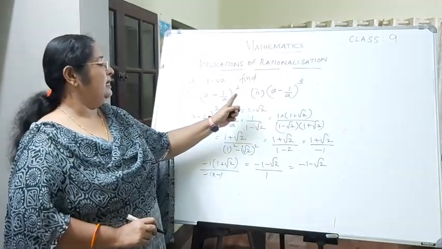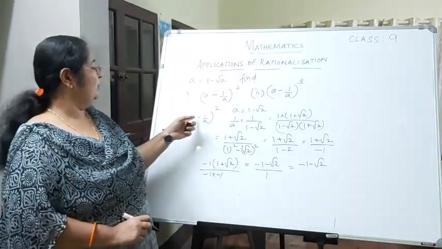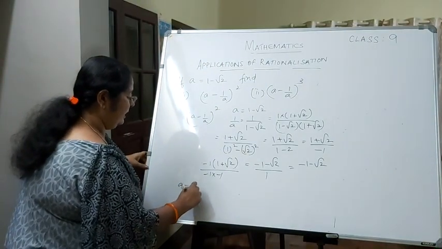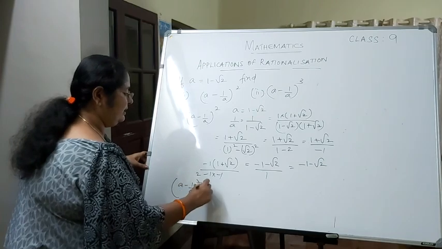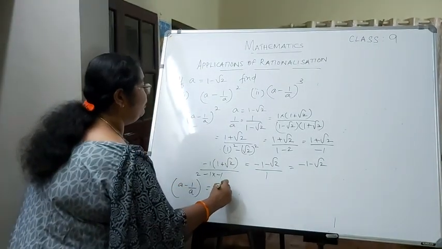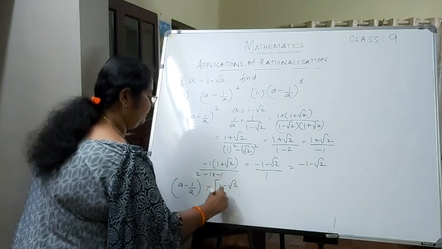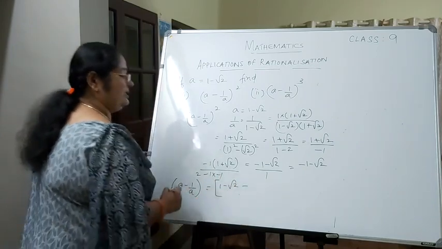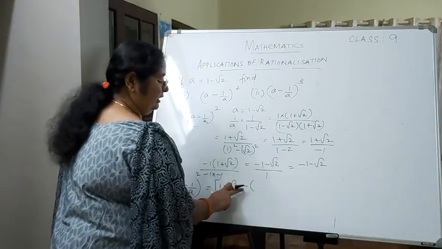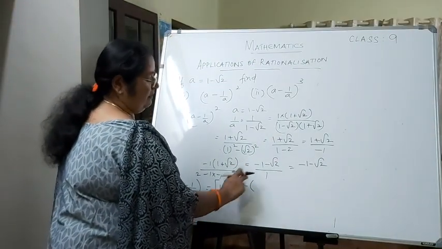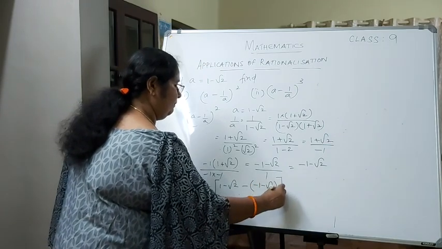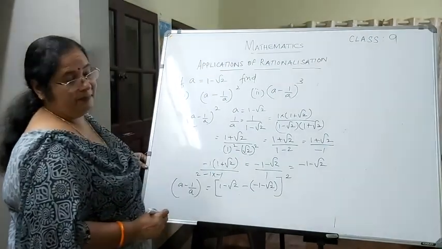What is a? 1 minus root 2. Now we are going to find a minus 1 by a the whole square. Just substitute these values. What is a? 1 minus root 2, minus this thing, let us put within the bracket because here you have a minus sign, minus 1 minus root 2 the whole square.